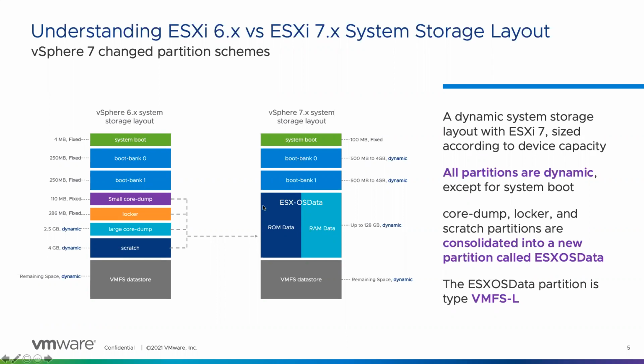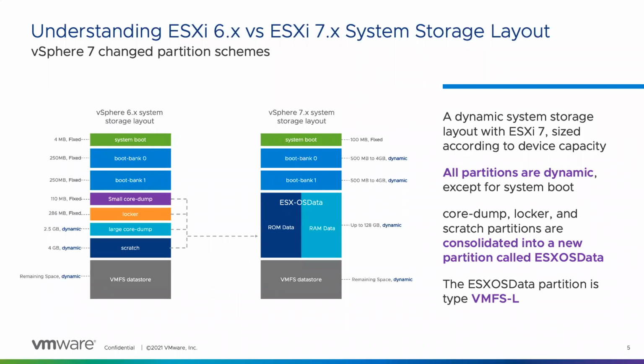Now, if you see the system storage layout that has been introduced with vSphere 7, your system boot partition has been increased from 4 MB up to 100 MB. And this is the only partition that remains fixed, but the rest of the partitions are flexible. They are dynamic in nature, right?